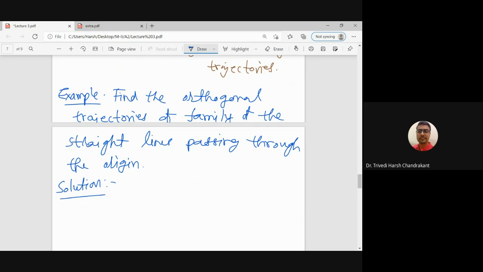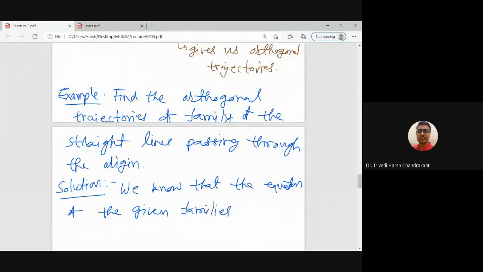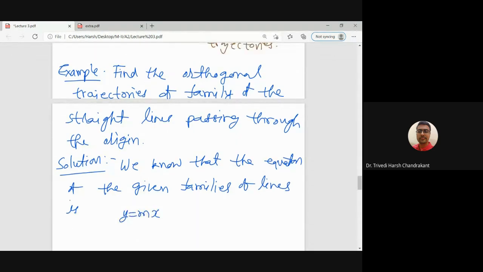We know that the simple form of the equation of the line passing through the origin is y is equal to mx. So the equation of the given family of lines is y equals mx, where m is the slope.